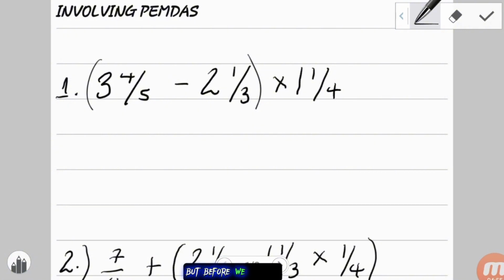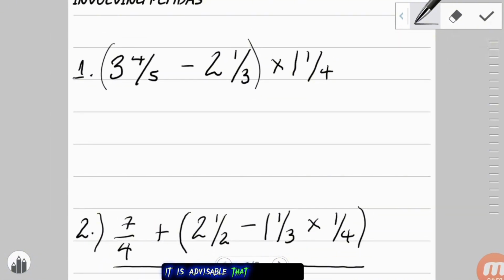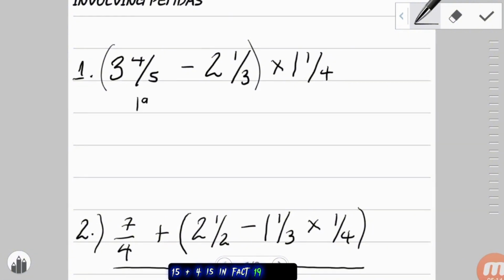But before we can do any form of subtraction or multiplication, it is advisable that you convert all your mixed fractions to improper fractions. So you can say 5 multiplied by 3, that is going to be 15. 15 plus 4 is in fact 19 over 5.